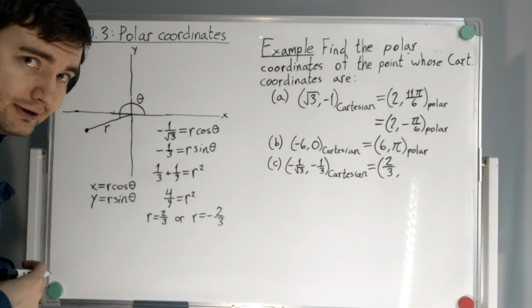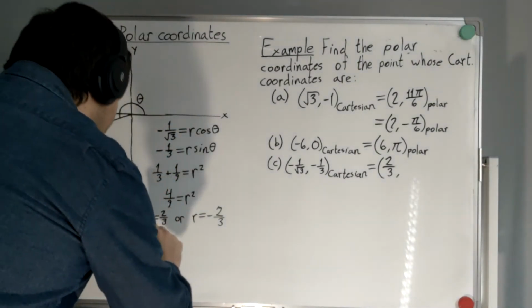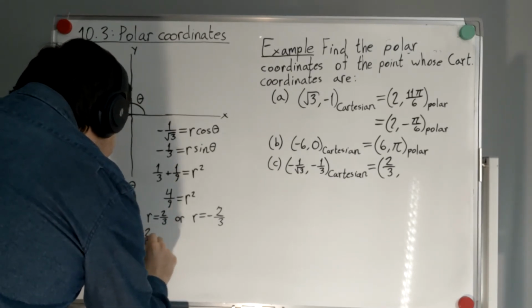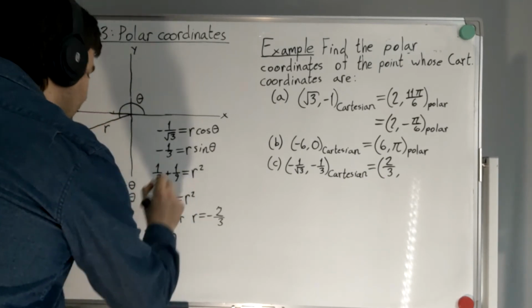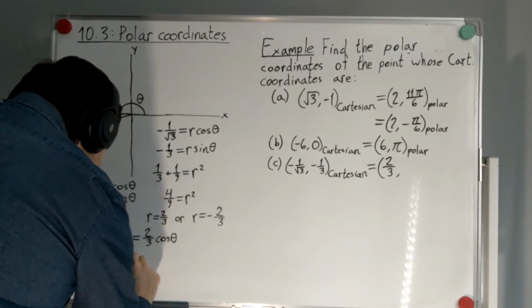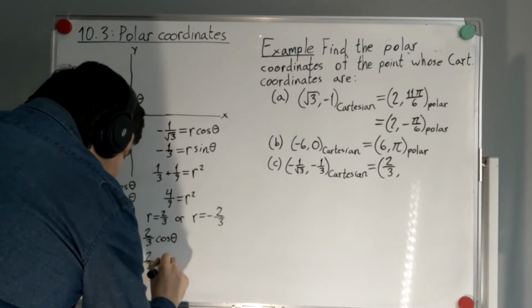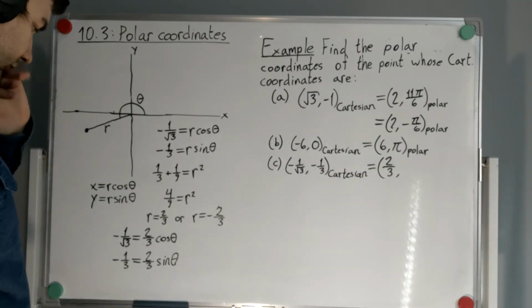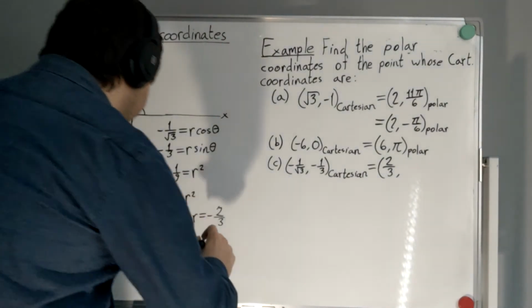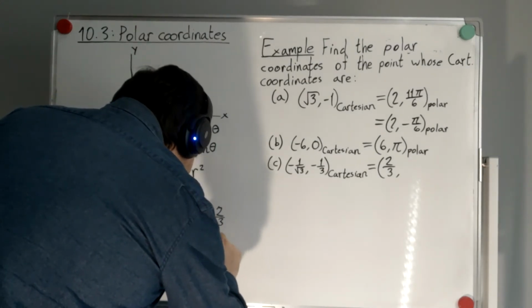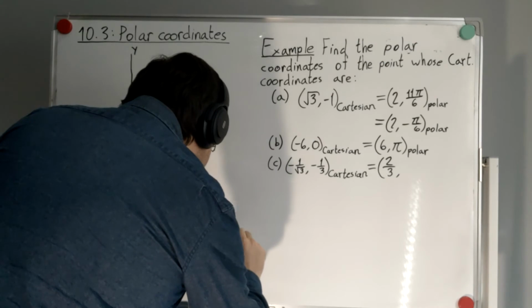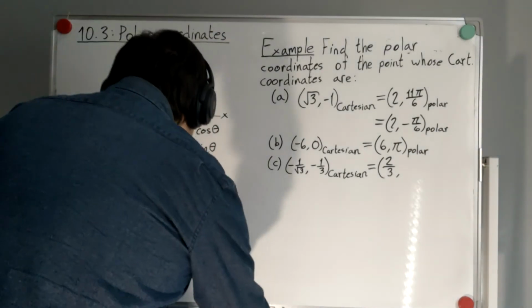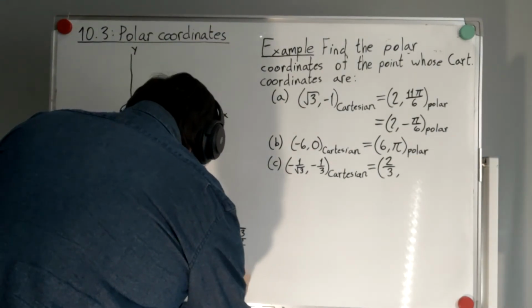And so now all that's left is to figure out the angle. These two equations become negative 1 over root 3 equals 2/3 cosine theta, and negative 1 over 3 equals 2/3 sine theta. You do some algebra here, and this turns into cosine theta equals negative root 3 over 2, and sine theta equals negative 1/2.